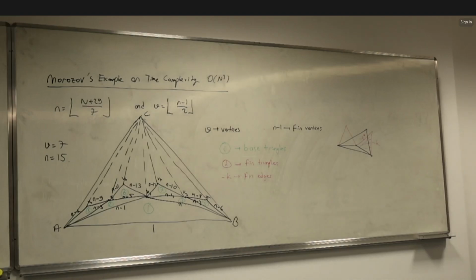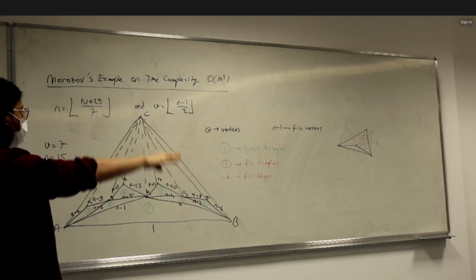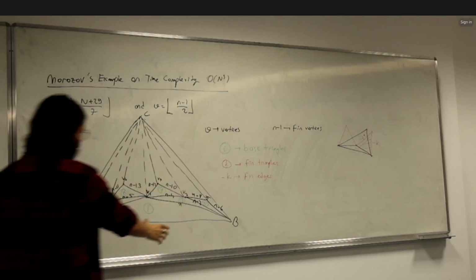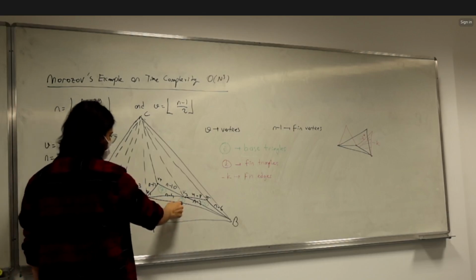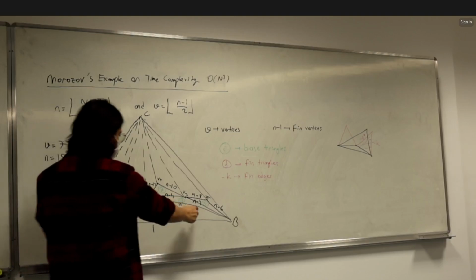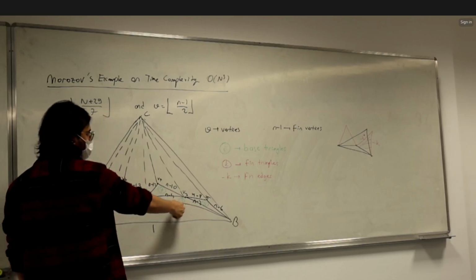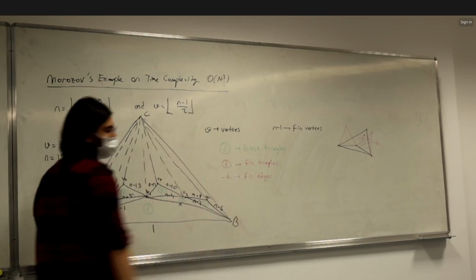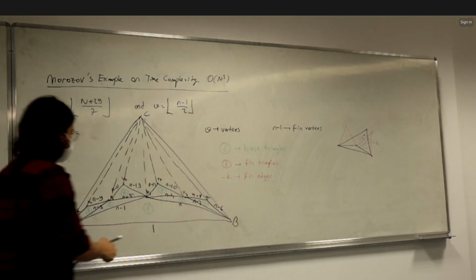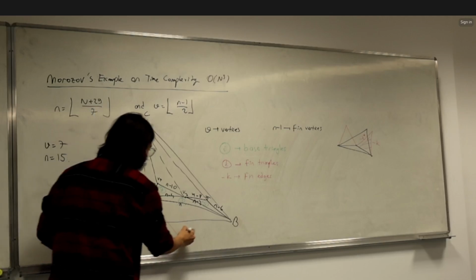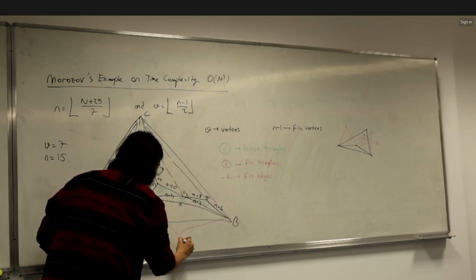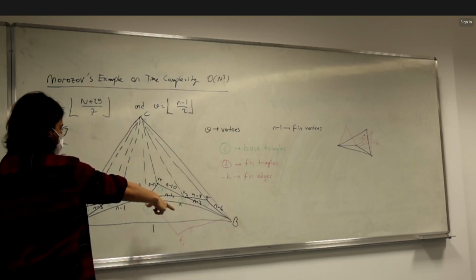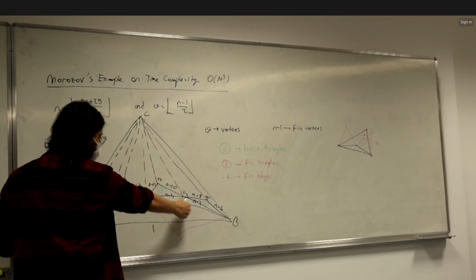So how do we put the numbers on the fin edges? That is done by this: the index of this plus the index of the fin edge should always be n plus 1. So here we will have the first fin triangle, 1 plus n is n plus 1.